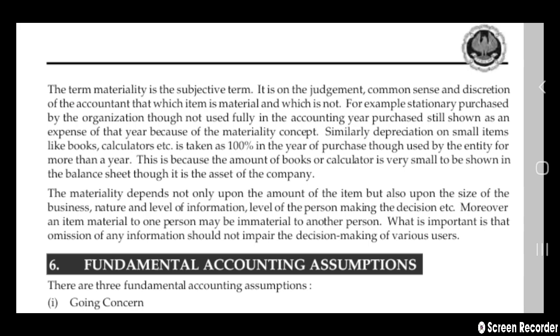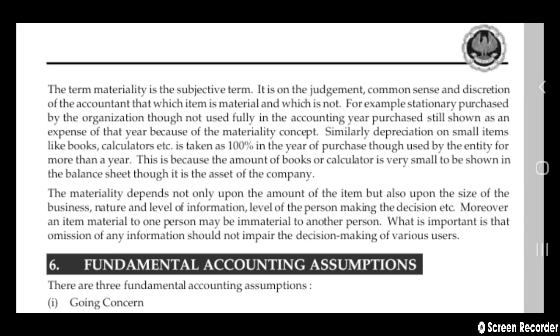Similarly, depreciation on small items like books, calculators, etc. is taken as 100% in the year of purchase, though the entity uses them for more than a year.